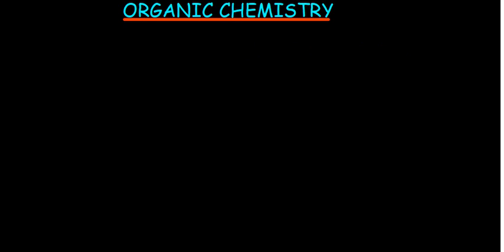Now as we said, ethers have got R, O, and then R. So we've got an oxygen in the middle, and then we have got a chain of carbon atoms on each side. How do we get to name that? Let's consider this one. So to be able to name this one, we have got two groups. We've got a group here and we have got a group here. The shorter one is always considered as a substituent.